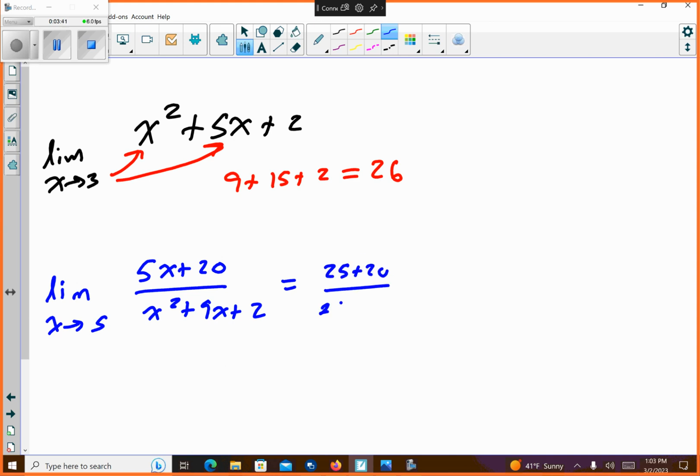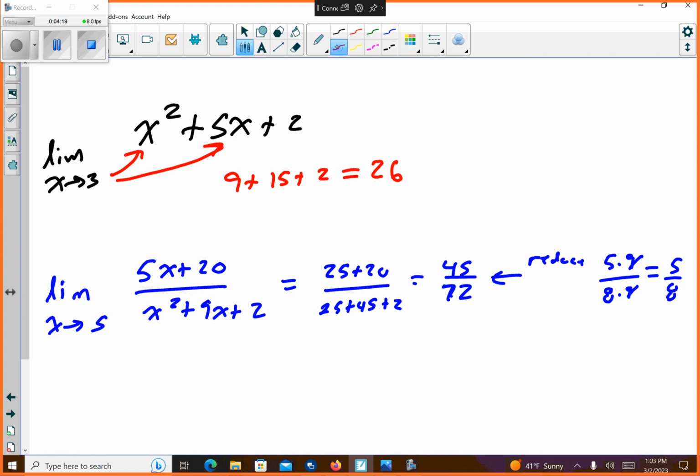On bottom it's going to give me 25 plus 45 plus 2. So that's going to give me 45 over 72, and then you might be able to reduce it. I'd say 9 goes into the top and the bottom. So 45 is 5 times 9, and 72 is 8 times 9. So this one would give me an answer of 5/8, if I did my math right, which is very possible.